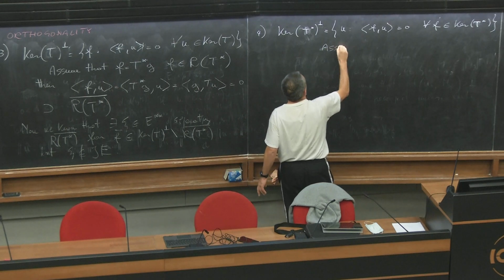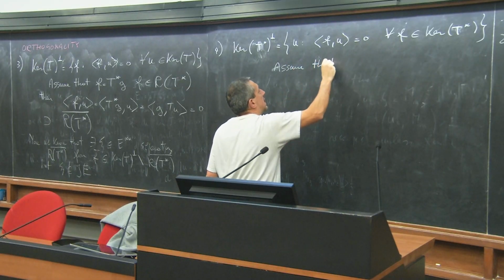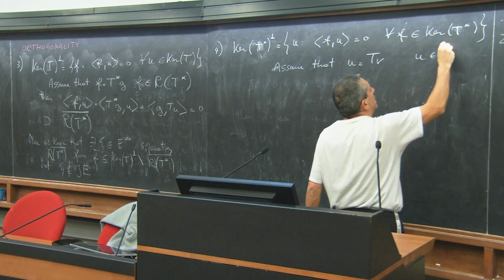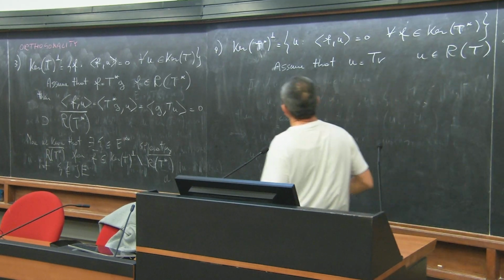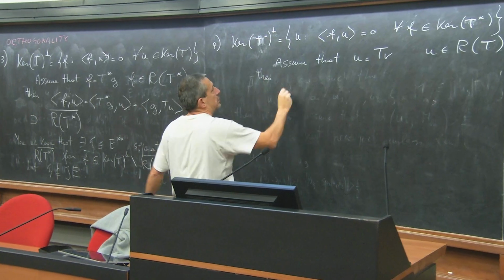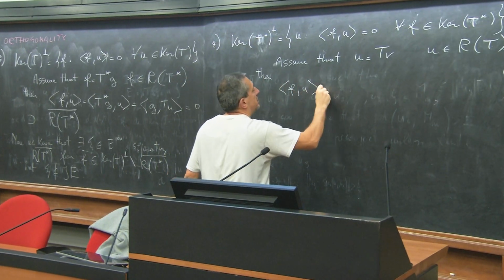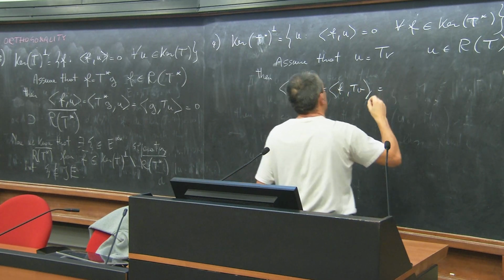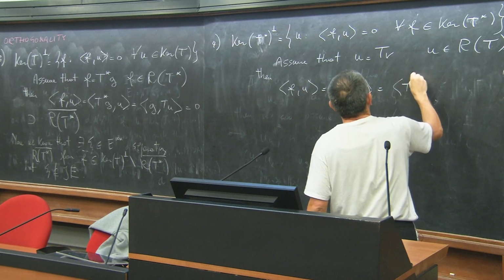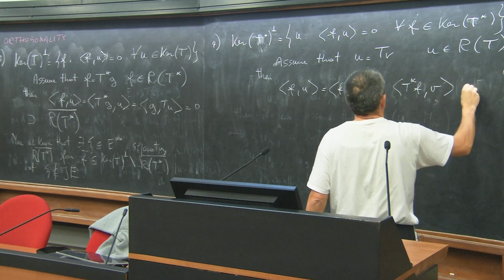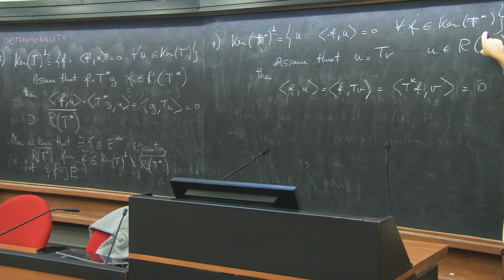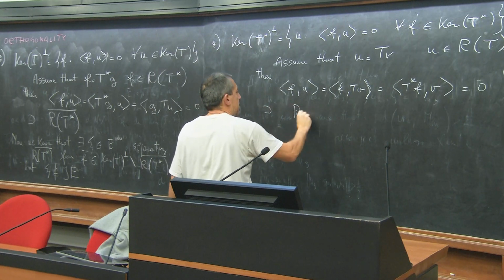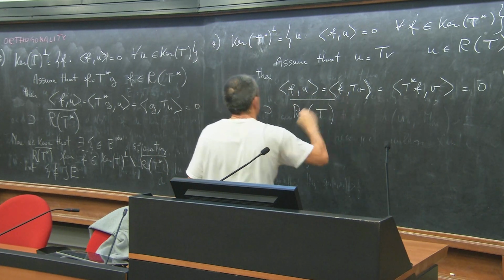Assume that U is T V, which means U is in the range of T. Then same computation: F U is F T V, equal to T star F V, equal to 0 because F is in the kernel. So I discover that this contains the range of T and also the closure.